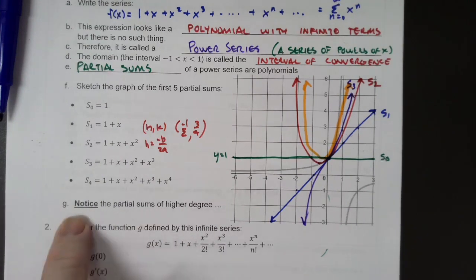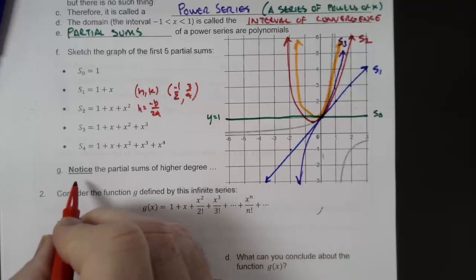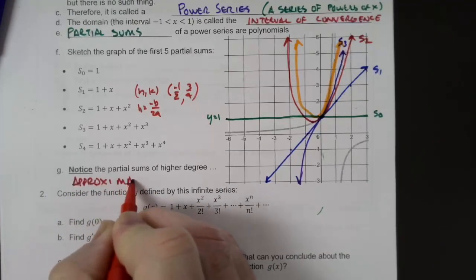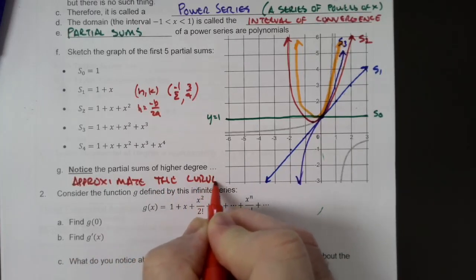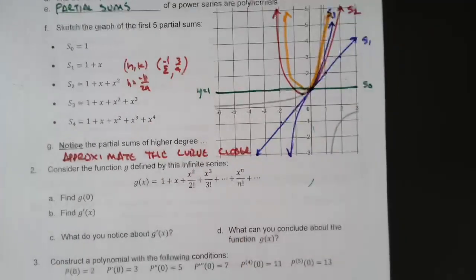So the point here is, notice the partial sums of higher degrees approximate the curve closer. And you can see, if I want to get even closer, I'll take it to the 7th degree. Even closer, I'll take it to the 20th degree. If I go to infinity, what do you think? I'm going to have that curve.